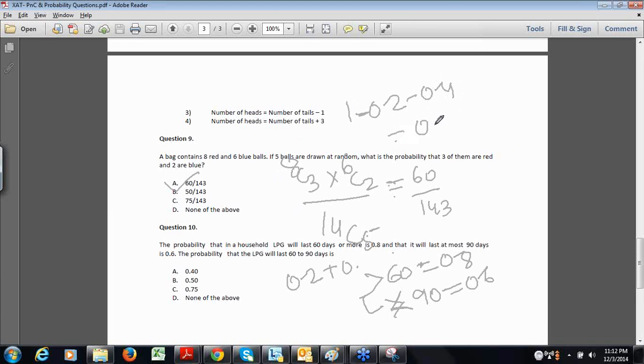It will come out to be 0.4. We'll go ahead and mark option number A, 0.4.